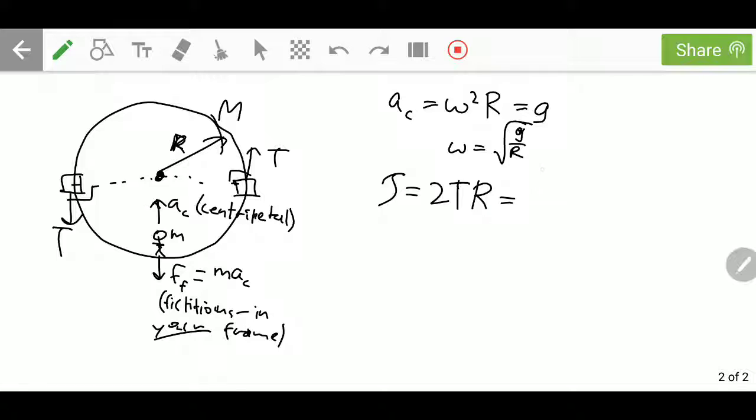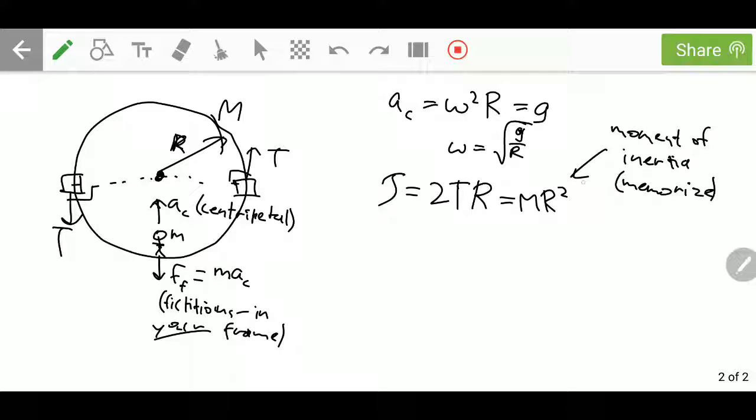That will equal the moment of inertia, which in this case is m r squared, since all of the mass is at the edge of the wheel, times alpha, where alpha is the angular acceleration. This is a moment of inertia that you should memorize: for a wheel or hoop with all the mass on the outside, the moment of inertia about a perpendicular axis through the center is m r squared. And so we can cancel an r, so we get alpha is 2T over m r.